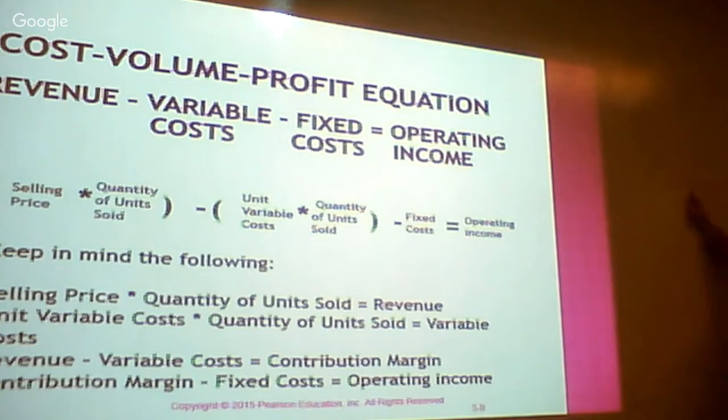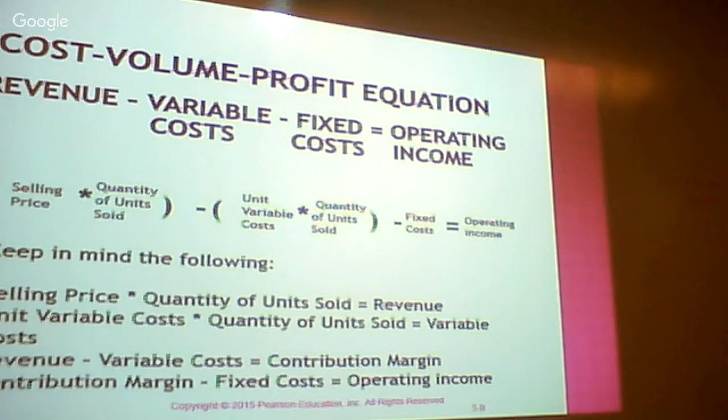This is what you would do. The X would represent the number of units. And you need to know how to do that for some of the homework assignments. Okay? So if you don't know the units, that's your X. You take the 5X, the selling price times the number of units, then you take the variable cost times the number of units, then you have your fixed cost, and then that's your profit. Okay?